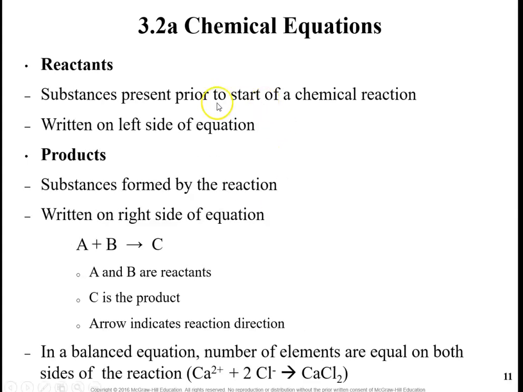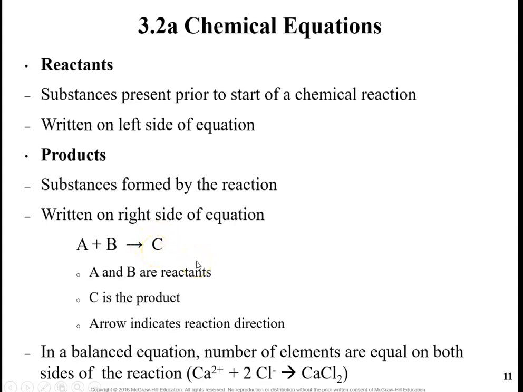So here you have reactants. These are substances present prior to the start of a chemical reaction on the left side of the equation here. And then you have products on the right side, which is substances formed by the reaction. And the arrow indicates the reaction direction. So the arrow is going to always be pointing at the products.